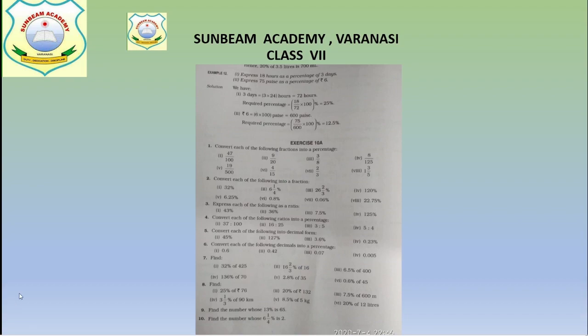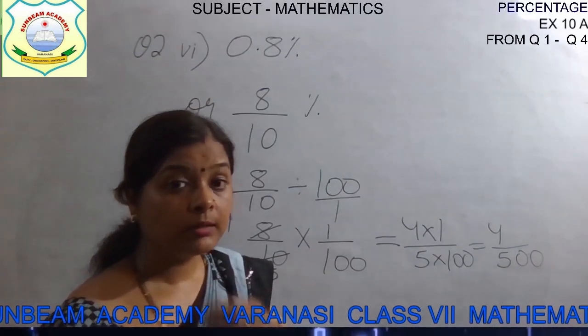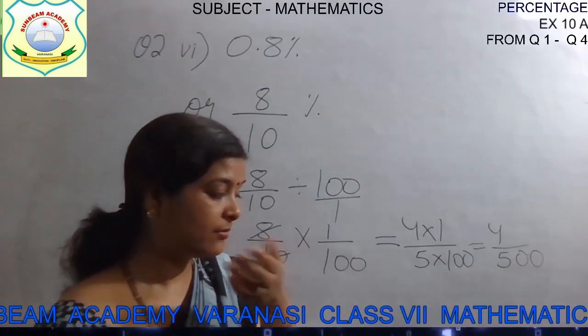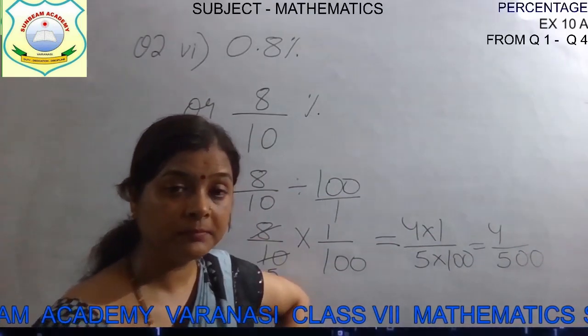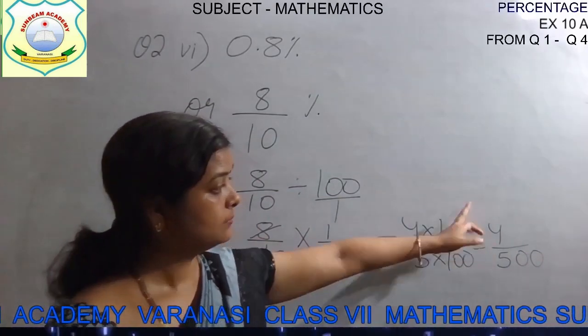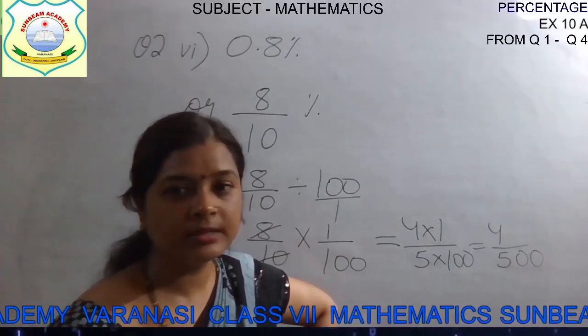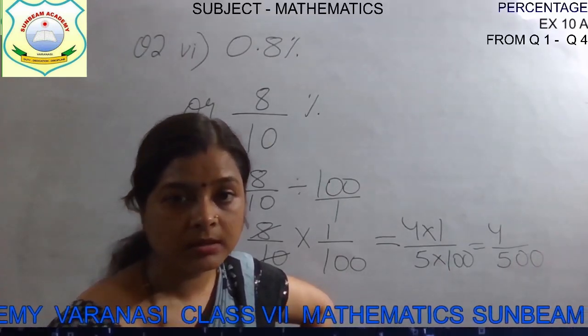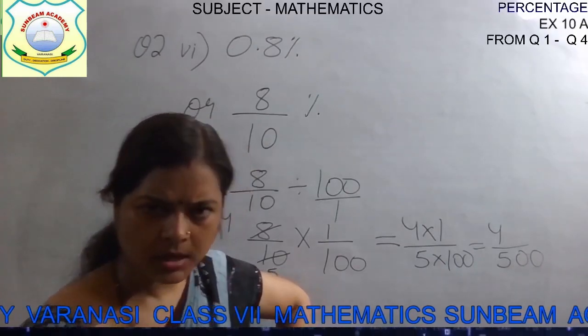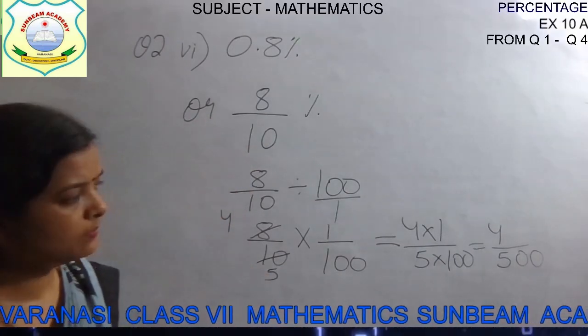Children, let's see, one thing is left. Have you forgotten something? That it is not in simplified form. 4 by 500 is not in simplified form, isn't it? Can we simplify it? Just simplify it, children.